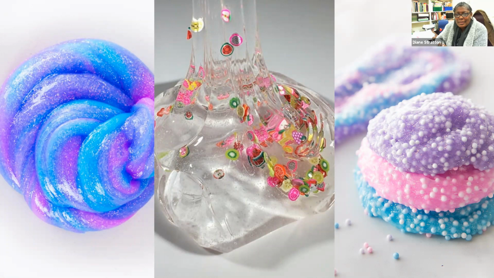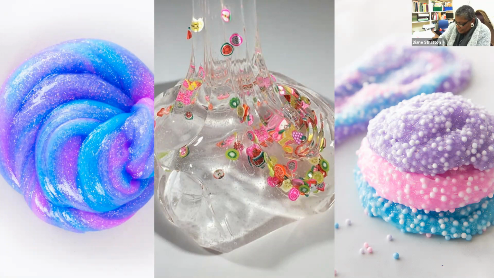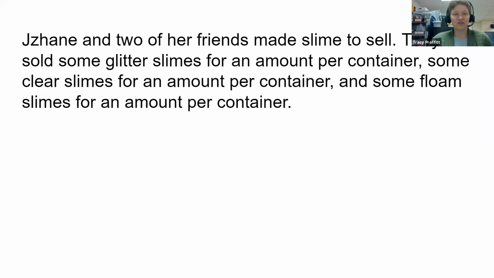All right, so we're going to read a story about somebody who made some slime. And as we go through, we're going to learn a little bit more and a little bit more. We're going to see what we can figure out about this math story. All right, so I'll read it as we go. Janae and two of her friends made slime to sell.